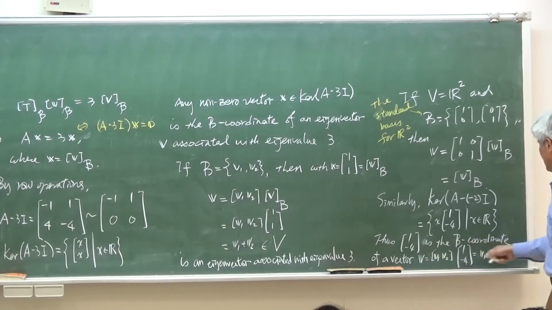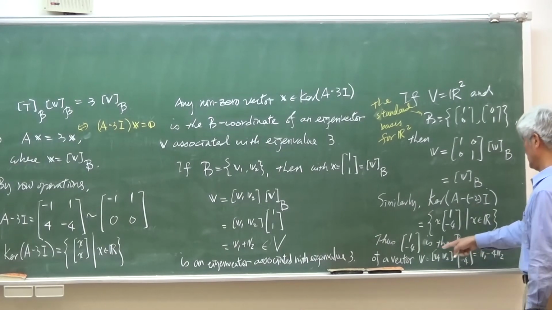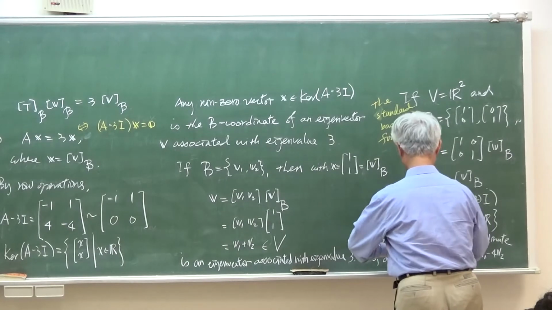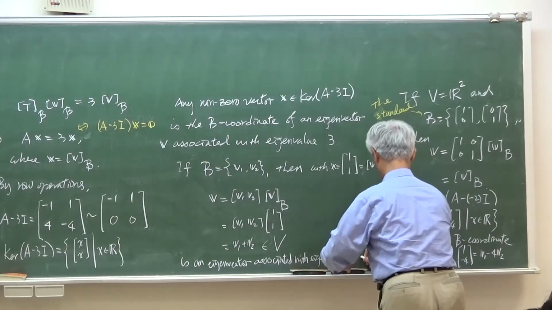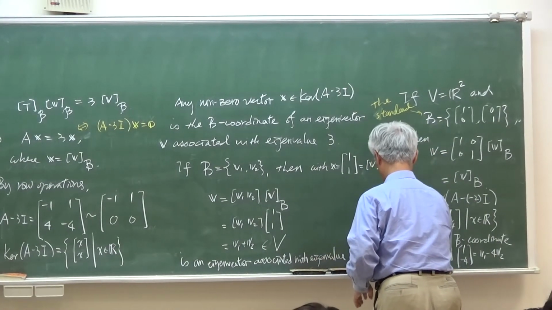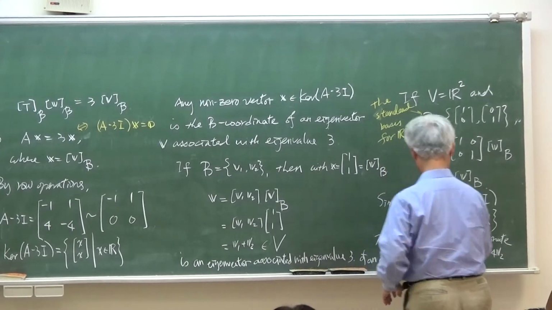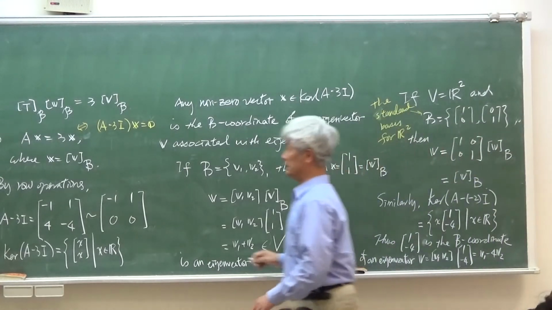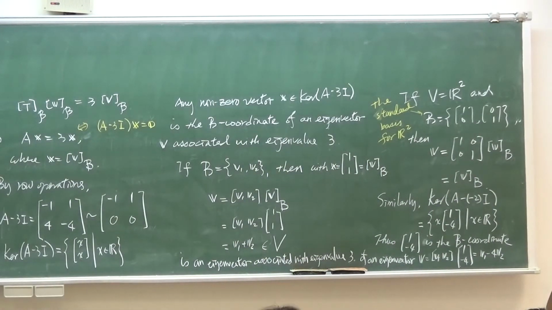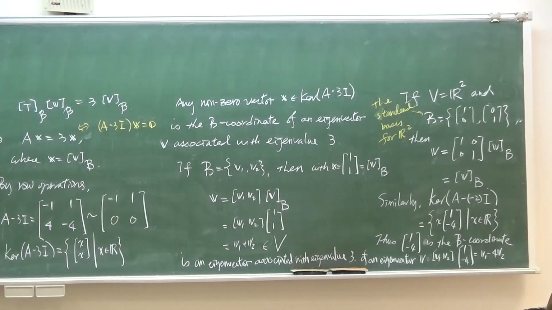Right, so this vector is a B coordinate of an eigenvector associated with eigenvalue minus 2.